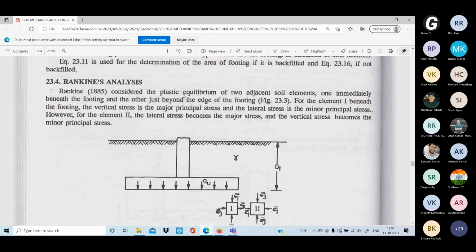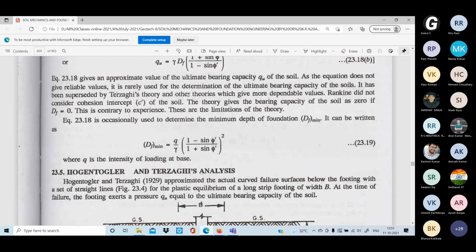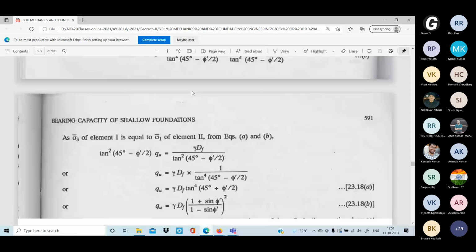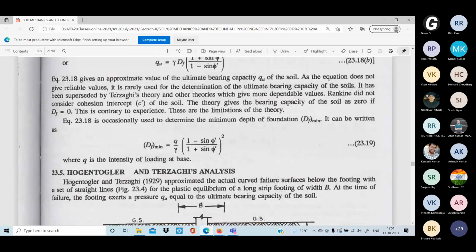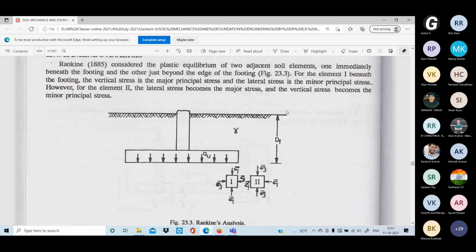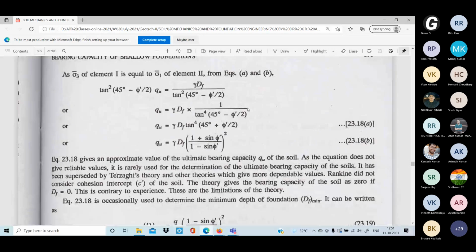Rankine's analysis: what he has done is consider the plastic equilibrium of two adjacent soil elements, and he has given this formula directly, which is very important for you.